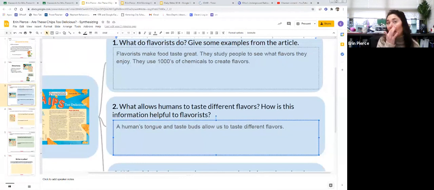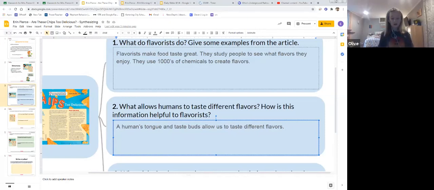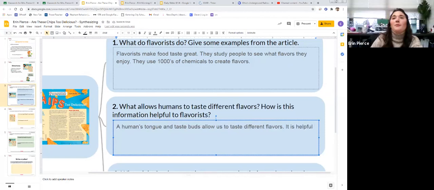What can I put for the second part? How is this information helpful to flavorists? Olive: It is helpful because they can get a lot of money off of selling these products. Okay. I'm going to put this information.